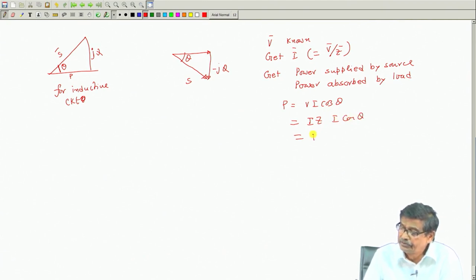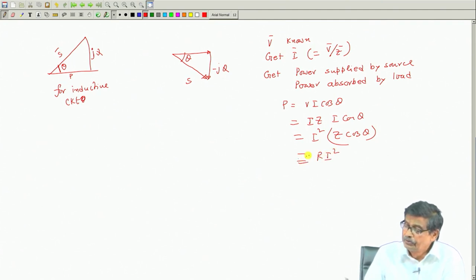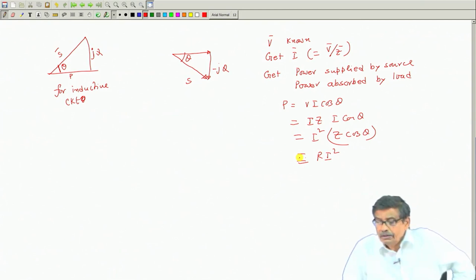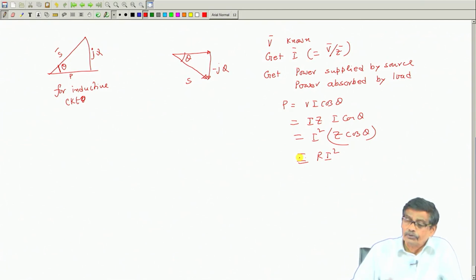So, this is equal to I square into Z cos theta, but Z cos theta is R. So, the real part of the power absorbed by the load can also be calculated if you know the circuit is RL and you know the current through it. Real power is I square into R, the RMS current squared into the value of the resistance. Got the point?